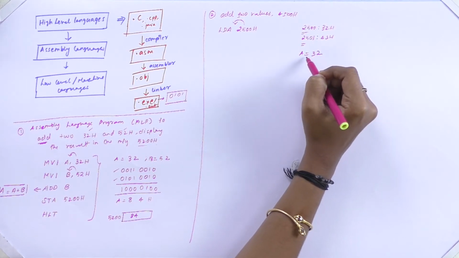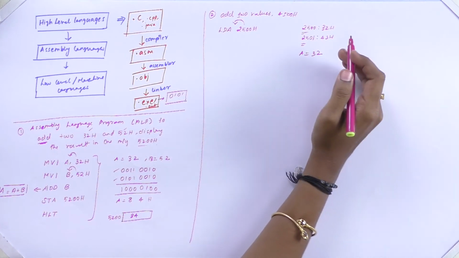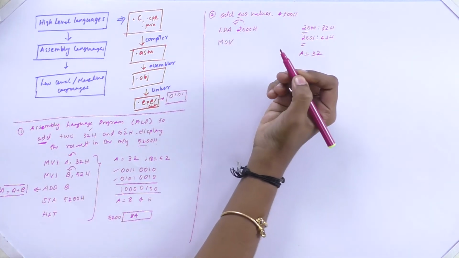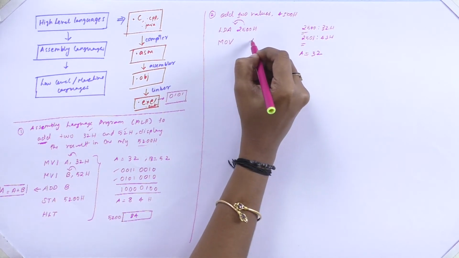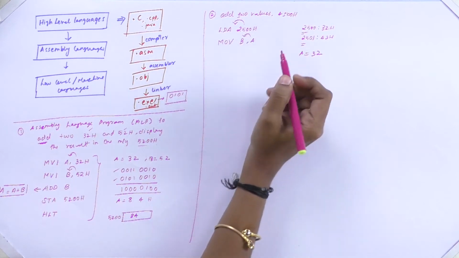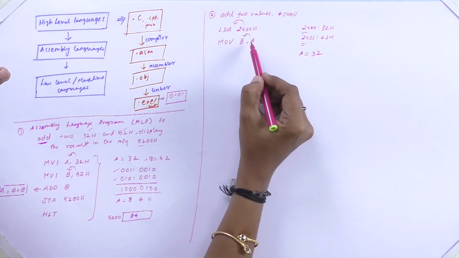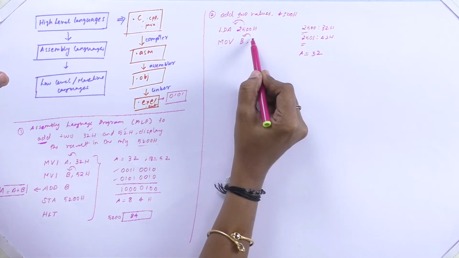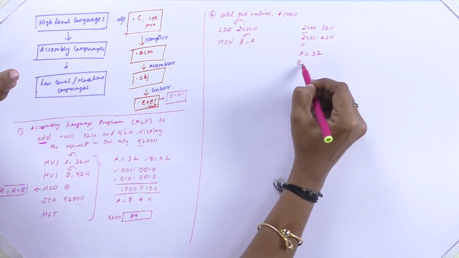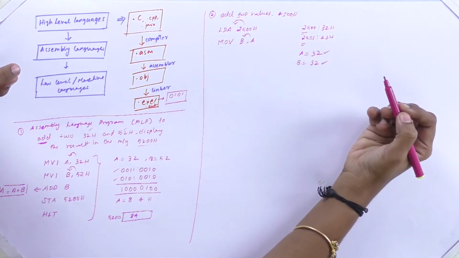So we have to copy this 32 to some other register, let us say B. For that purpose, we can use the instruction MOV, move, and from A we have to move to B. So this is the format, MOV B comma A. It means that the value present in accumulator, 32, will be copied to the register B. Now the content of B is equal to 32. A is also 32, B is also 32.